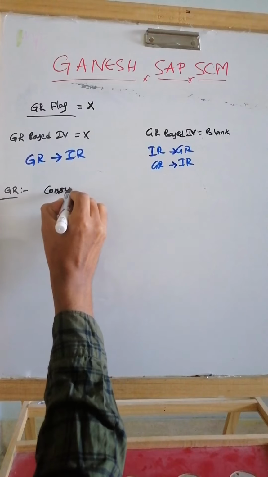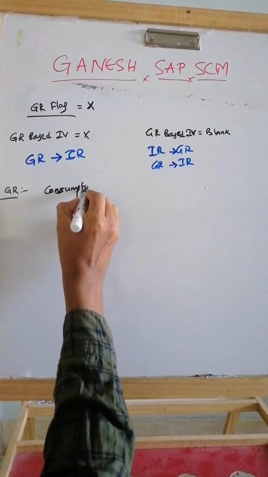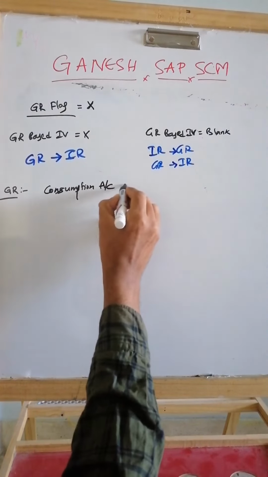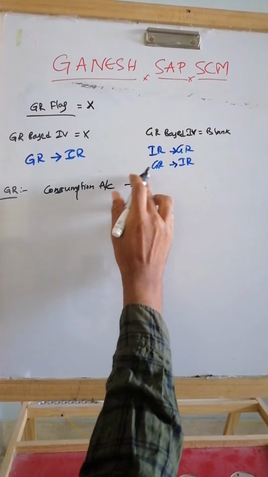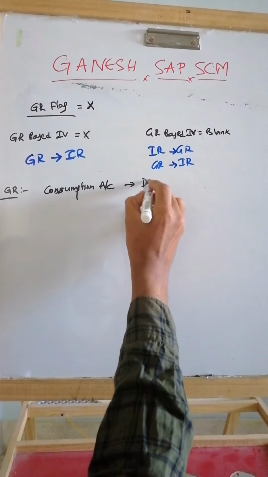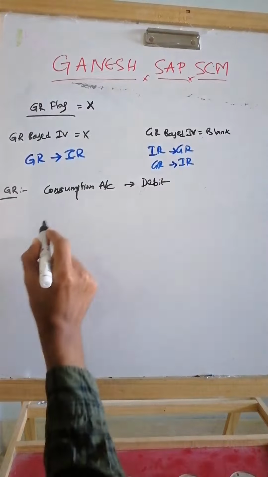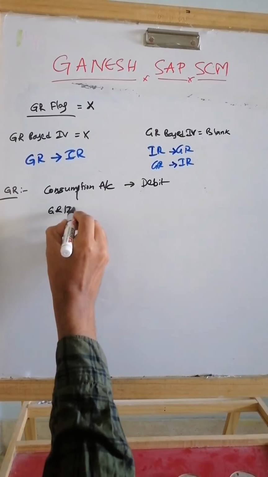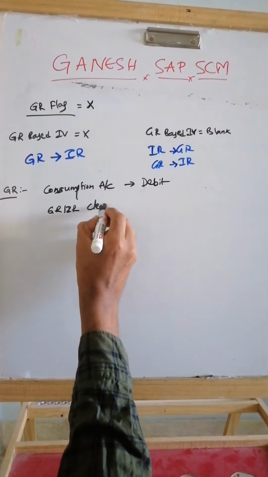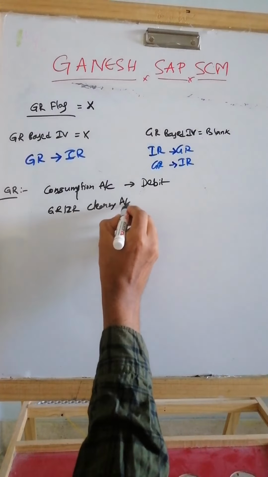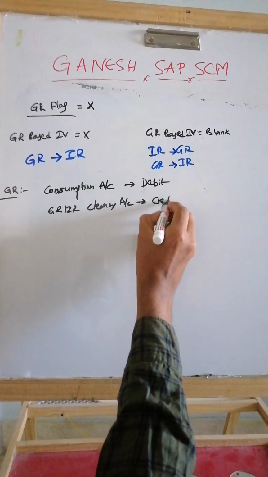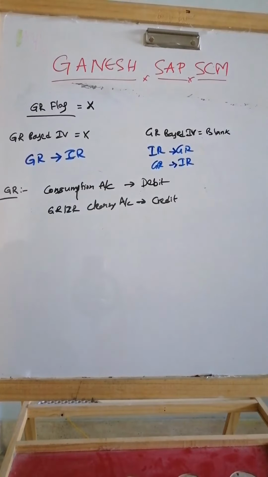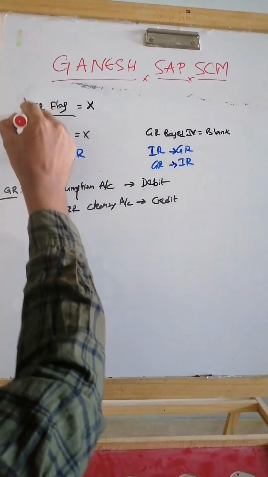Consumption account debit, consumption account debit, and GR IR clearing account credit.